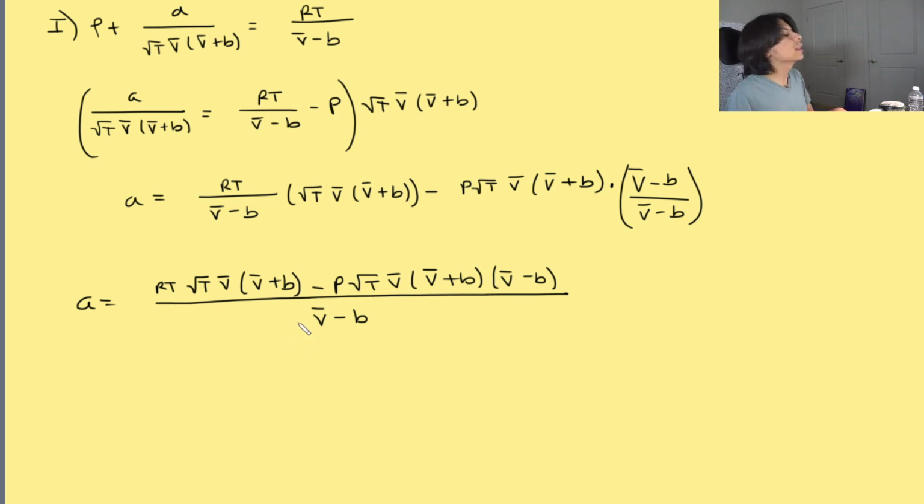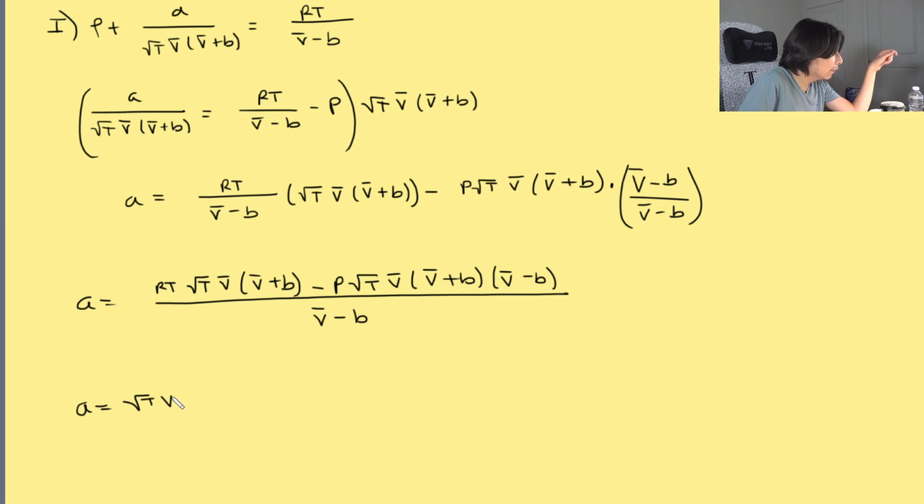Okay, perfect. So now what we want to do is, on this numerator, extract the common part that can be found in both of those terms. In this case, we have a square root of T, we have a V bar, and we have a V bar plus B. So we can extract that from both terms of that numerator.